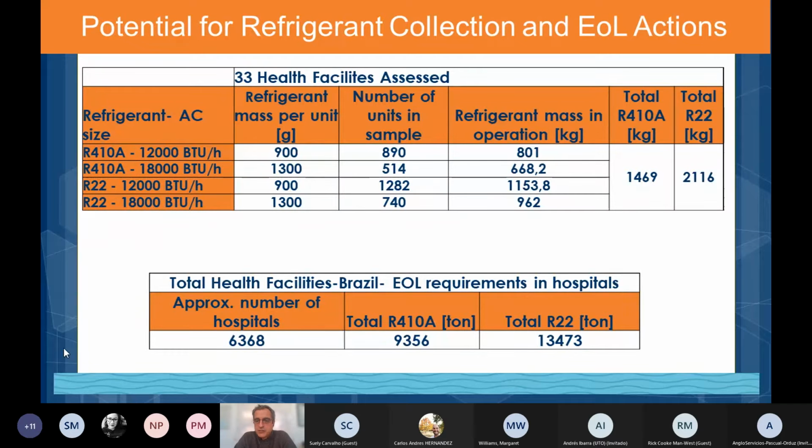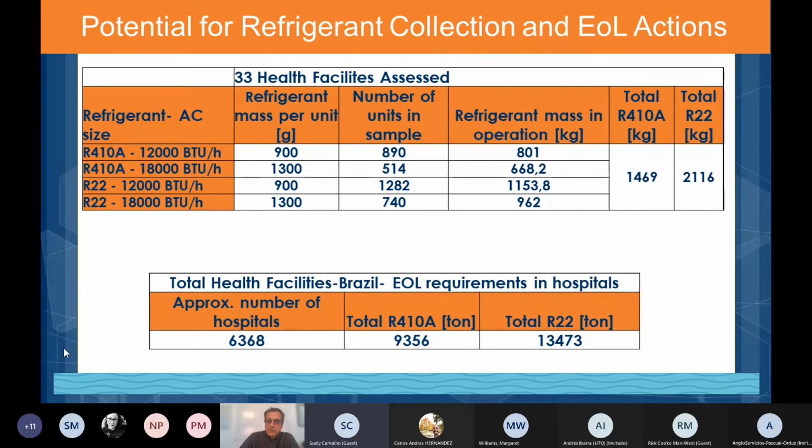As presented by Sueli, Purchase Club can favor end-of-life solution for refrigerants. Based on this, we estimate the amount of refrigerants that could be taken out of use in more controlled conditions through an extensive program.